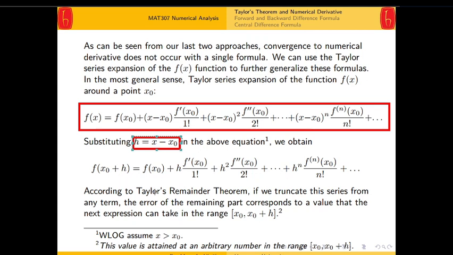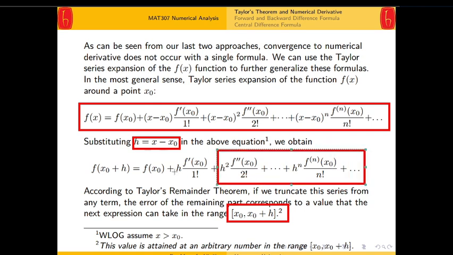According to Taylor's remainder theorem, if we truncate this series from any term, the error of the remaining part will correspond to the value at the next expression in this range. For example, if we truncate this series from this point on, then the error here will be h squared times the second derivative of f at some point in this interval divided by 2 factorial.